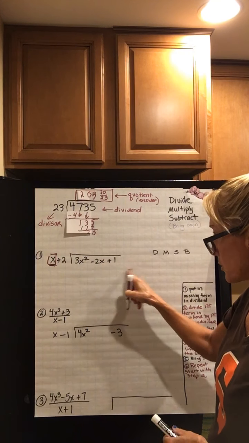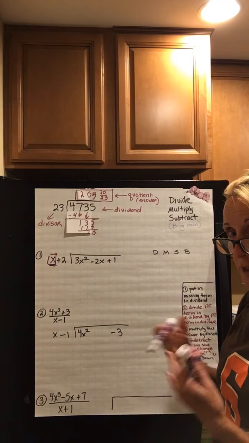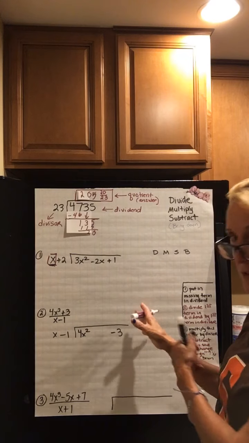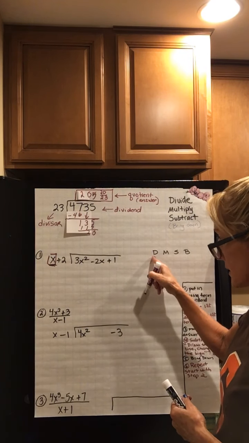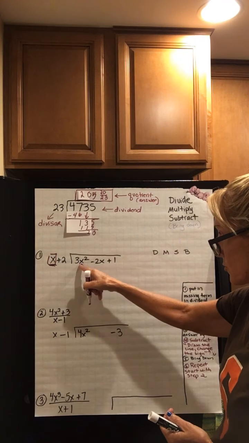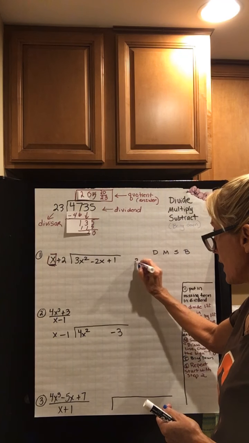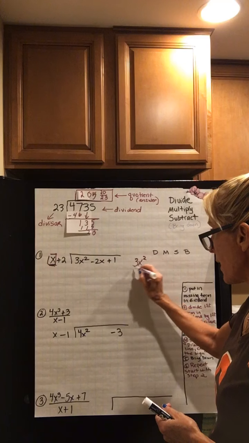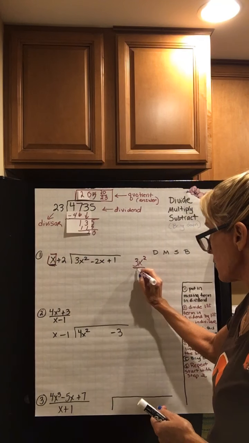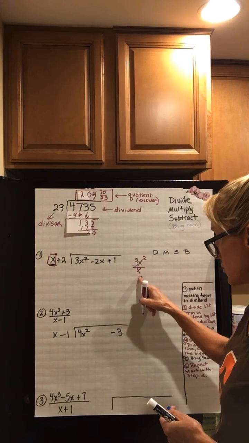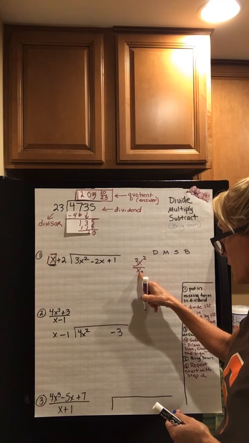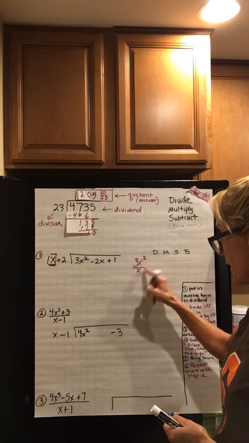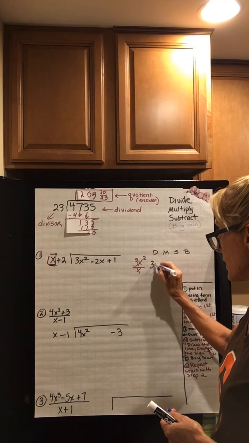I'm going to do the math to the side, which I'd like for you to copy, and that's why I'm videotaping it, so you can keep going back and looking. So I'm going to divide first. I'm going to take this 3x squared and divide it by the first term over here, which is x. We subtract exponents when we divide. So 3x squared divided by x gives me 3x.